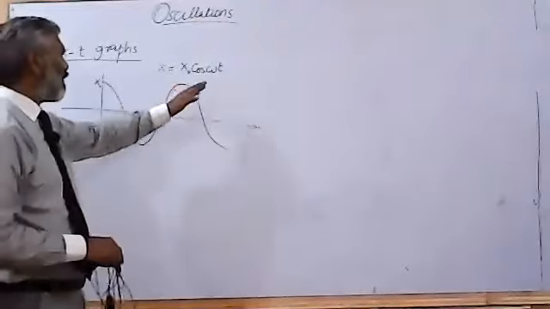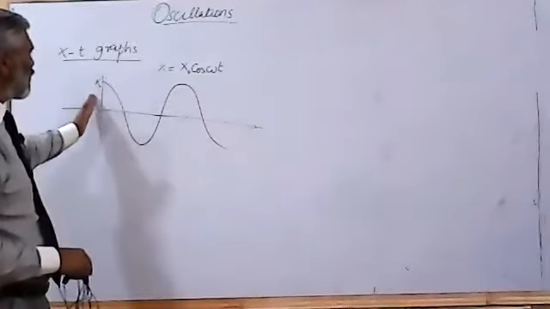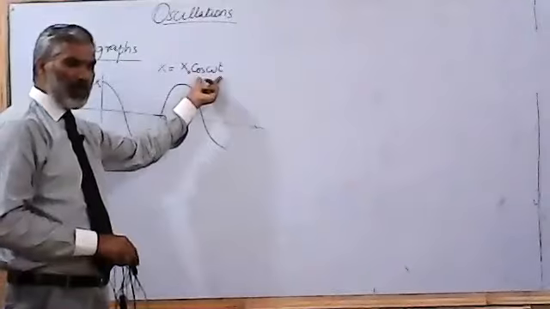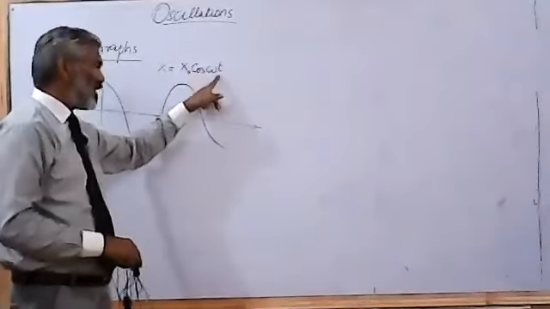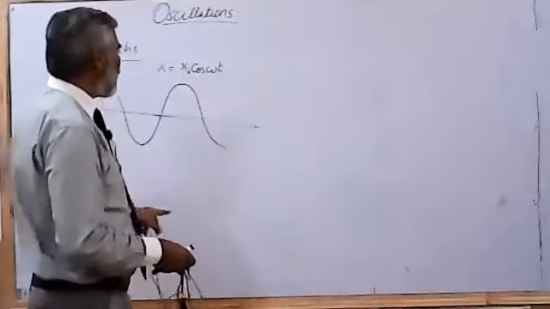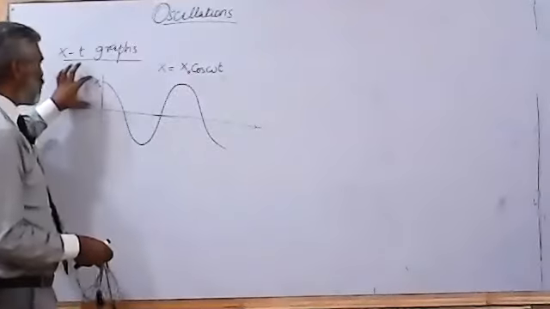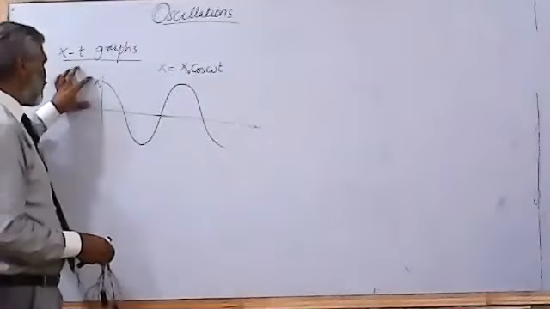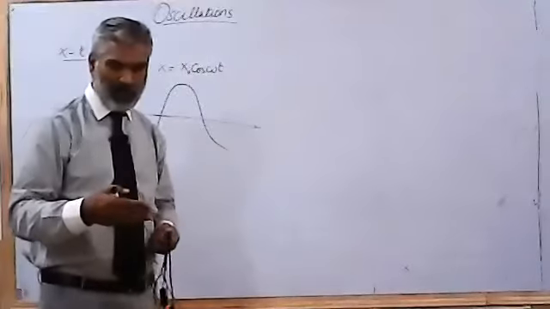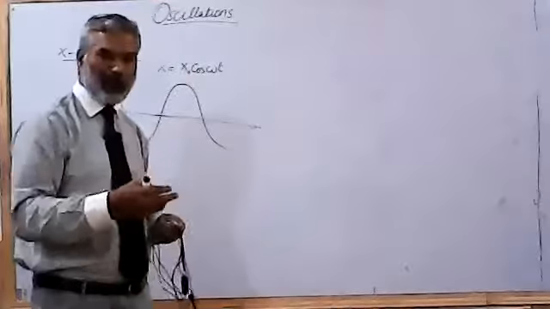The object must be at the extreme position then, because cos omega t will have value equal to 1, because omega t 0 means cos 0, and that is 1. So x will come out to be equal to x naught. That means the object is at that particular instant at the extreme position.